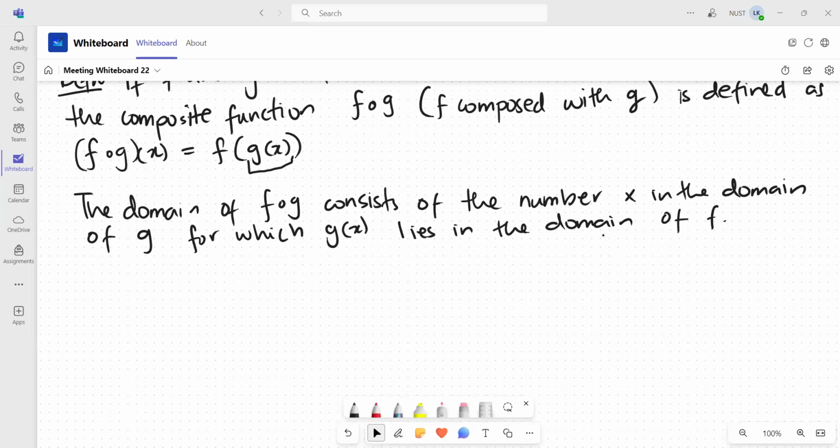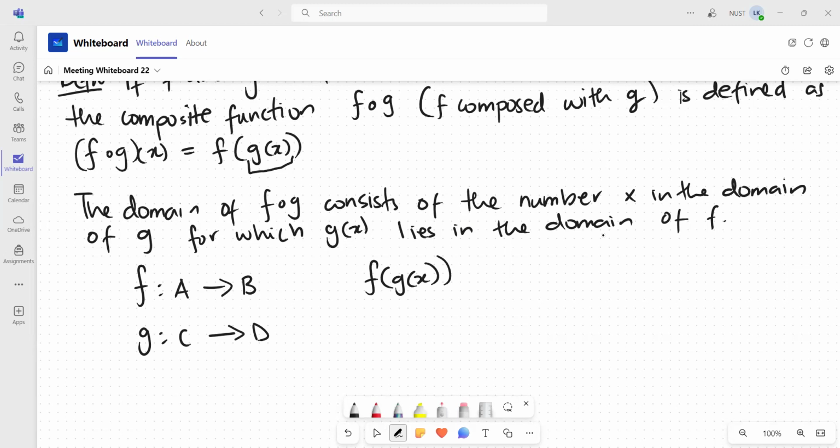Okay, so this may sound pretty complicated, but if your function f is a function from A to B, and g is a function from C to D, because you're working out f of g of x, it means what you're putting into f came out of g.